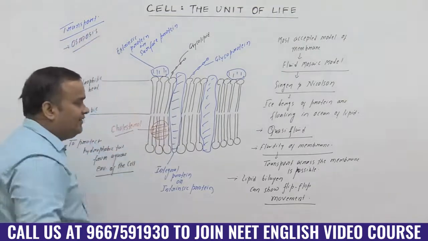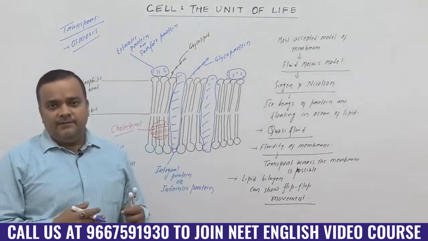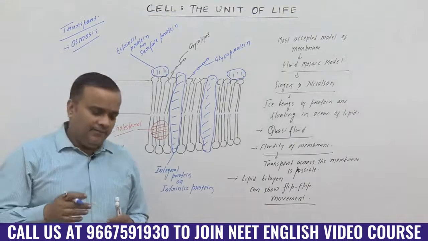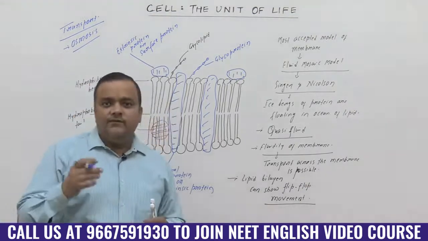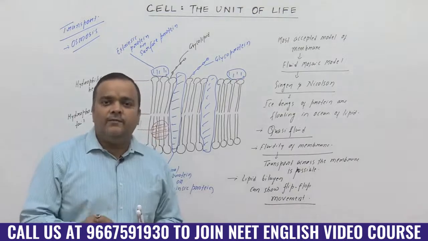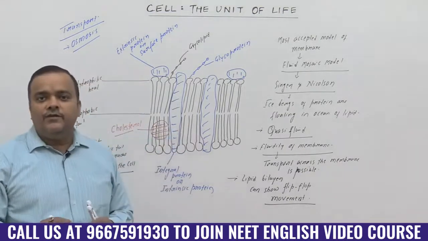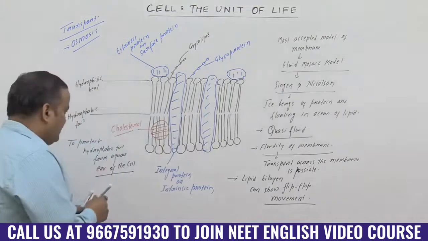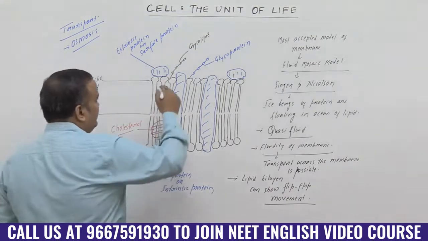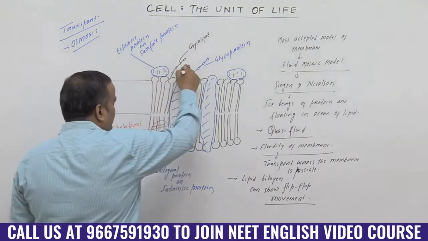So those substances which are soluble in the lipid bilayer can diffuse across the membrane, okay, and that is known as simple diffusion. Now those substances which are not able to cross the lipid bilayer require the help of transmembrane proteins or these integral proteins to move across the membrane. Suppose there is a molecule, it wants to move across the membrane. Now it will bind with this protein towards this end.